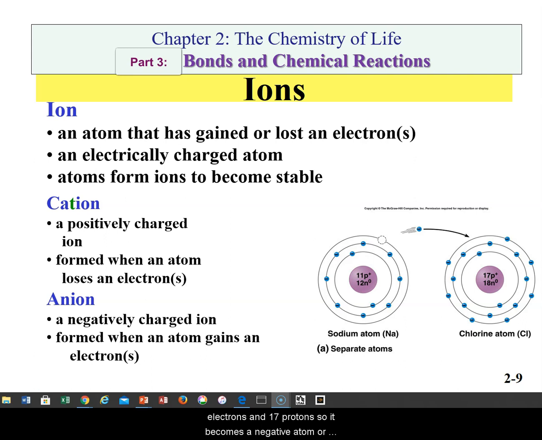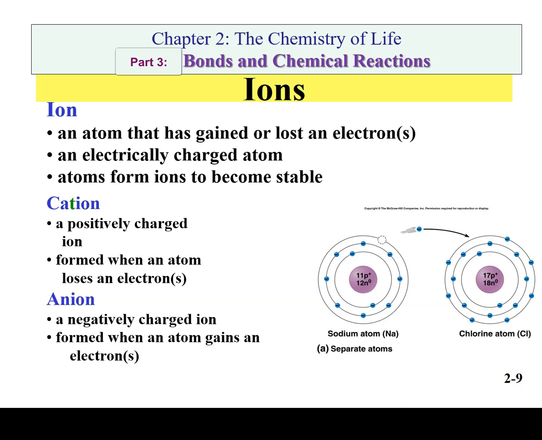So it becomes a negative atom or a negative ion called an anion. And by the way, when that chlorine gained that electron, that's called reduction. So this is a redox reaction.